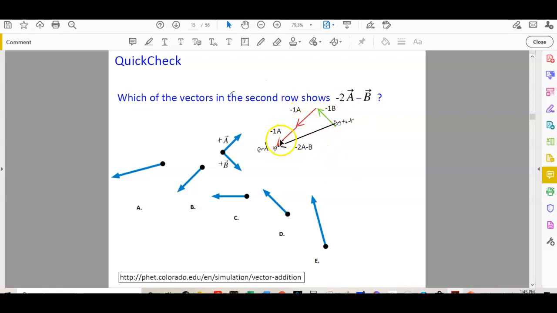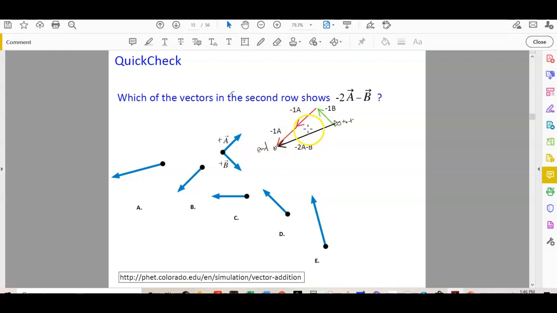So it doesn't matter the order in which you add vectors, just as long as you perform the operation first and then you do your vectors. Perform your algebraic operation on your vectors, and then do the vector analysis.